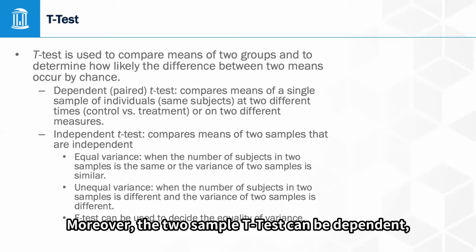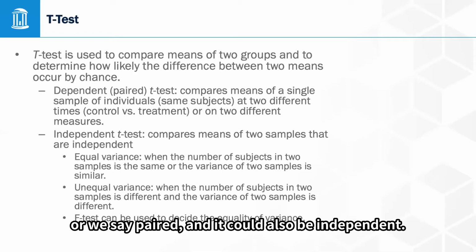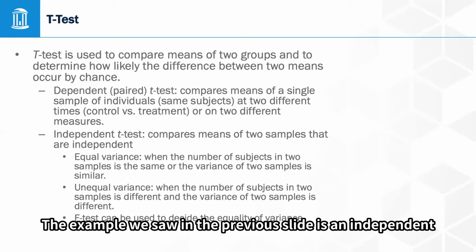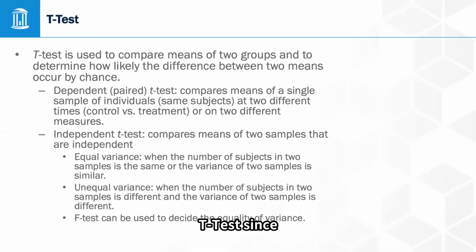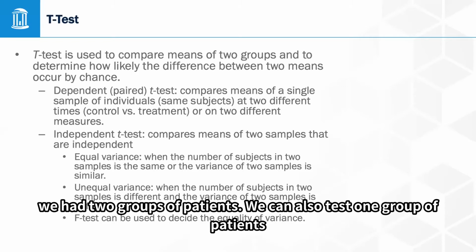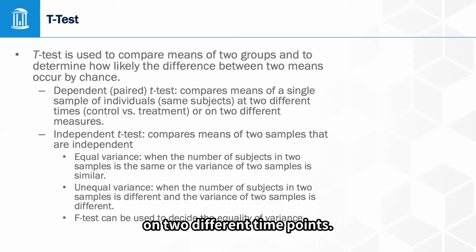Moreover, the two-sample t-test can be dependent, or we say paired, and it could also be independent. The aspirin example we saw in the previous slide is an independent t-test since we had two groups of patients. We can also test one group of patients at two different time points. For example, we can measure the body temperature of patients in group 1 before and after taking aspirin.